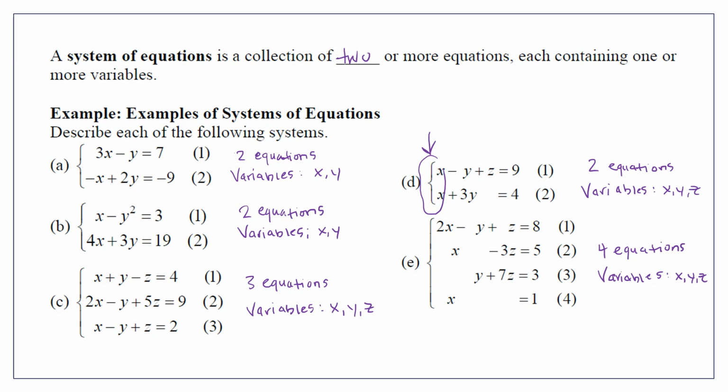And when you are working with a system of equations, it's best to number each equation in the system so that you can easily reference it as you are solving your system. So in each of these systems, you see here that each equation is labeled 1, 2, 3, 4, and so on. That allows us to identify the equation that we're going to work with as we try to solve the system.